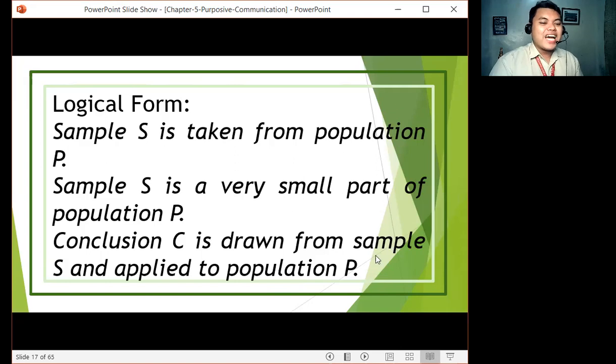And that's the population P, the barangay as a whole. But the ordinance was being implemented due to the small population, which is the barangay captain and the councilor only, which is only a part of the whole barangay. Therefore, there is incorrect sampling. If that would be the case, the ordinance should not be implemented if it is based only on a small part.